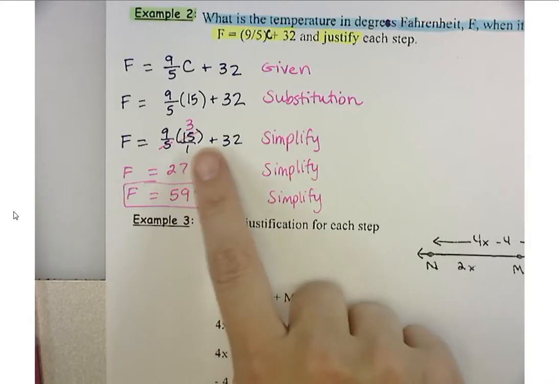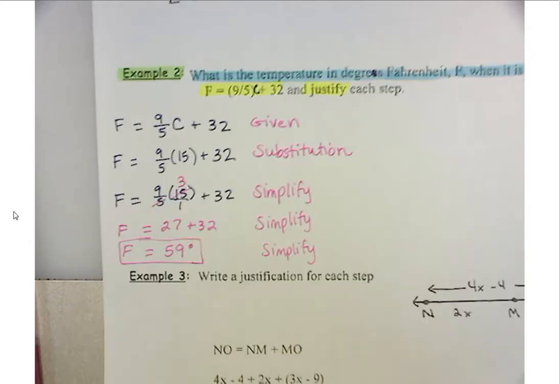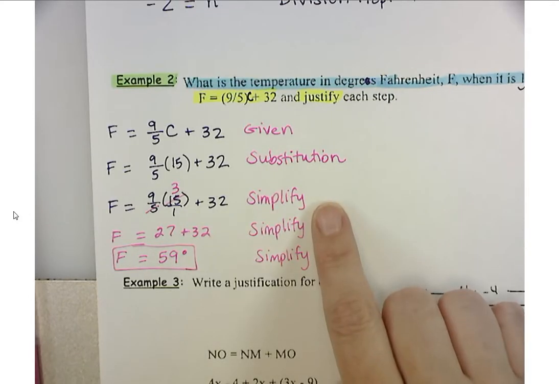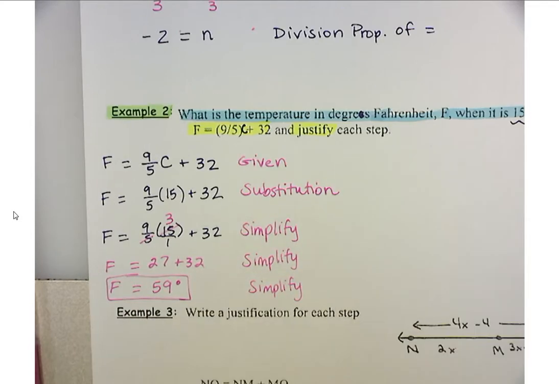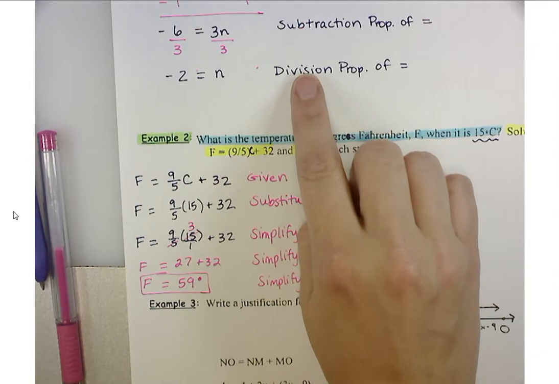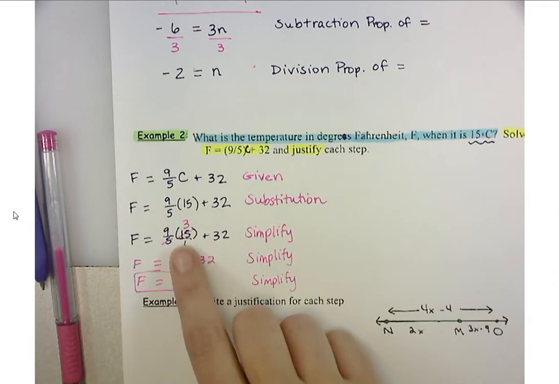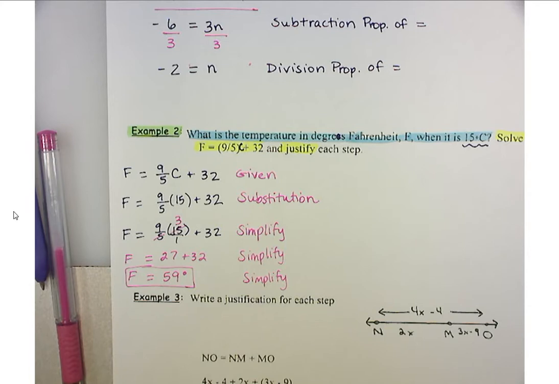When you're just simplifying on one side of the equation, you are going to use the reason simplify. So let me show you the difference with what we did up here. When we did the division property, you're dividing both sides by 3. Here, we aren't multiplying both sides by 9/5. We're just simplifying what we already have. So your justification is just going to be simplify.